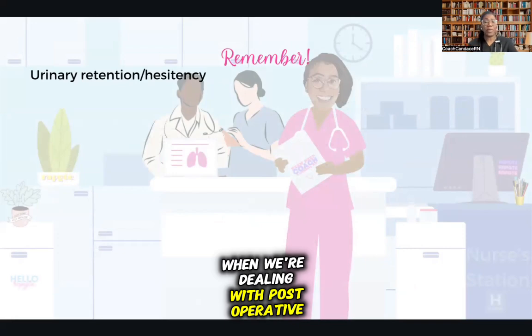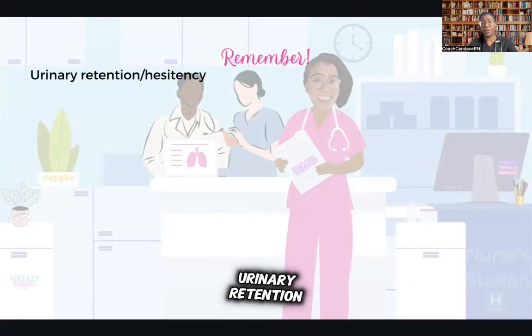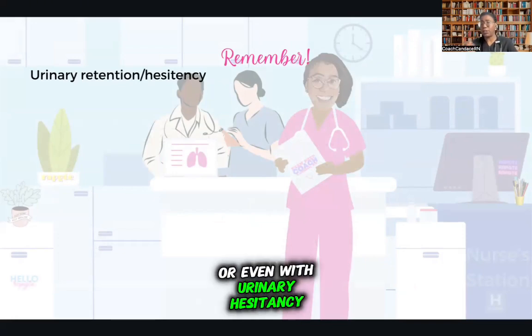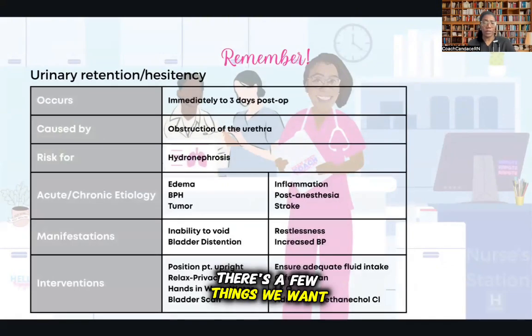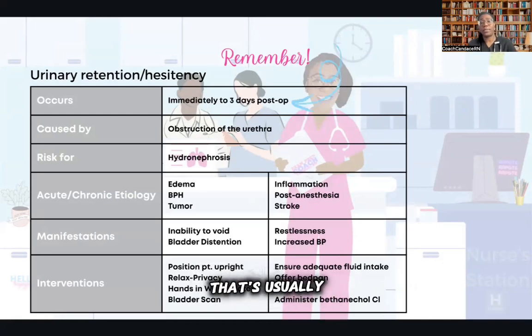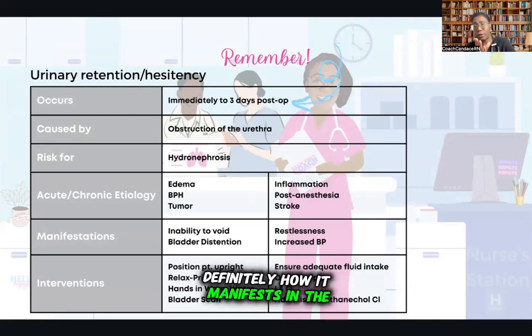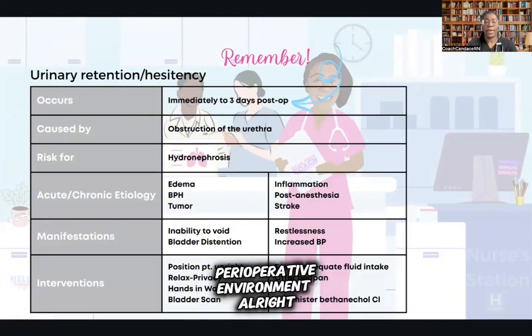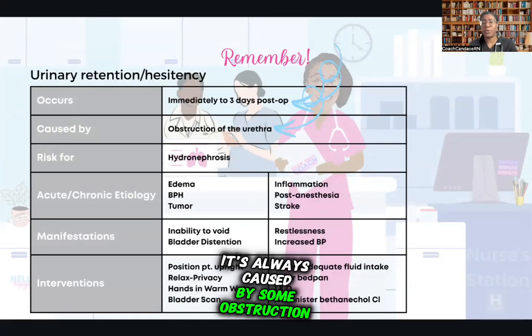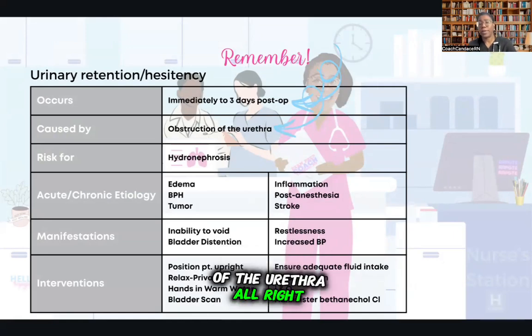when we're dealing with post-operative urinary retention or even with urinary hesitancy, there's a few things we want to remember. It usually occurs immediately to 3 days post-op. That's definitely how it manifests in the perioperative environment. It's always caused by some obstruction of the urethra, and puts the patient at risk for hydronephrosis.